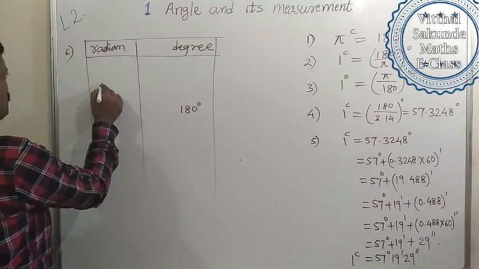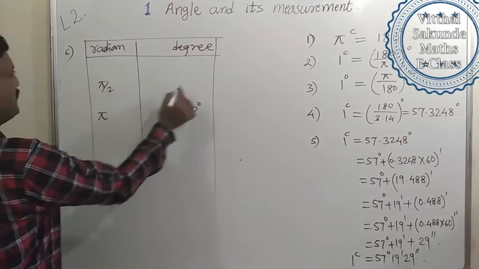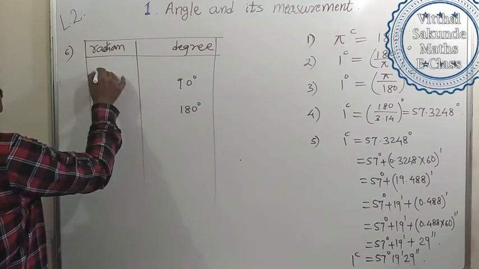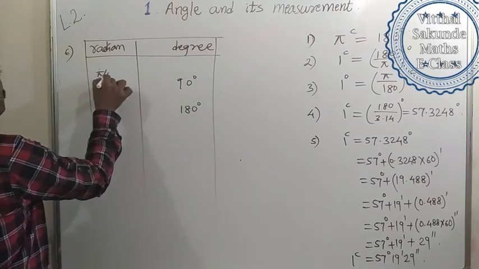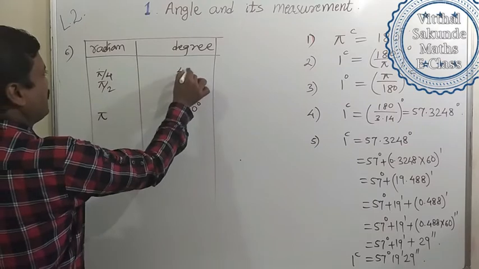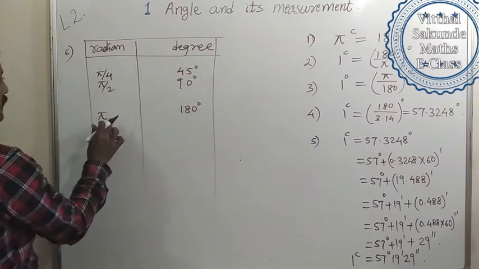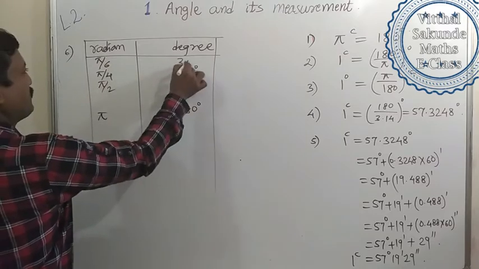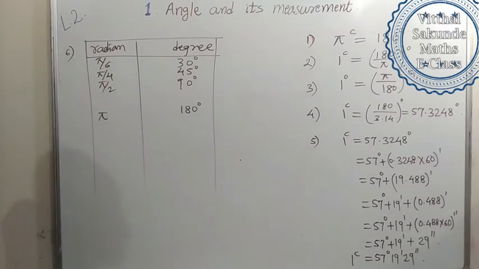Then pi by 2, obviously it will be 90 degree. Pi by 4, 45 degree, it's half. Its sixth part, that is pi by 6, is equal to 30 degree. Are you getting it?